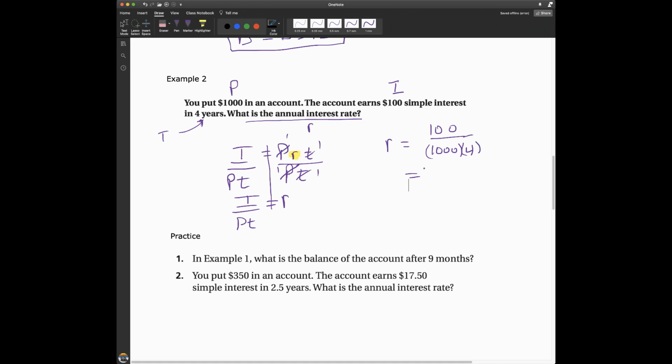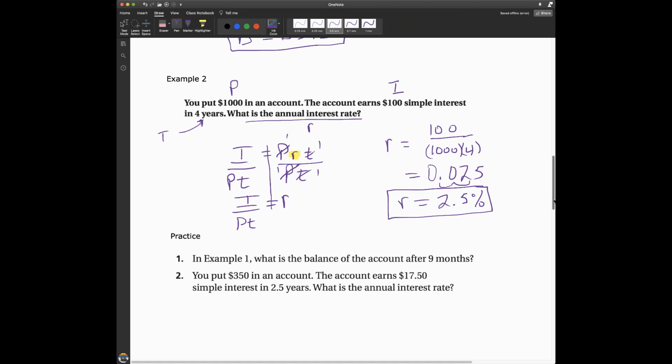Now you're going to put that in your calculator, and you'll get 100 divided by 1,000 equals that, and then you divide that by 4, and you get 0.025. Remember, interest rate we have to write as a percentage, so I have to move this 2 places to the right. So this is the same as 2.5%. So there is your interest rate.